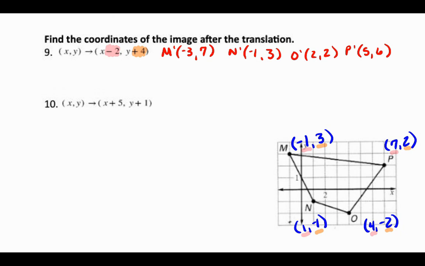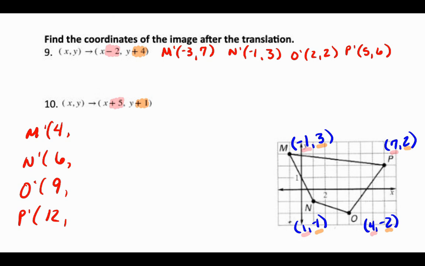Problem 10, same process, we just change up the calculations. So this time, every x value we're going to add 5, and every y value we're going to add 1. So if we go through, every x value I'm going to add 5, so this is going to be -1 plus 5 to get 4. 1 plus 5 is 6, 4 plus 5 is 9, and 7 plus 5 is 12.